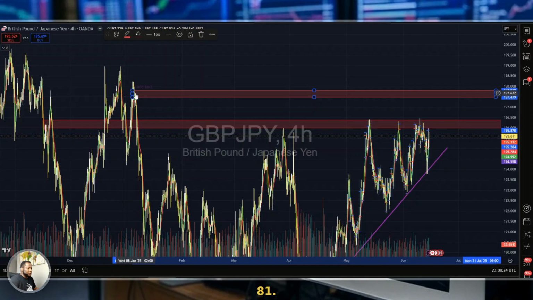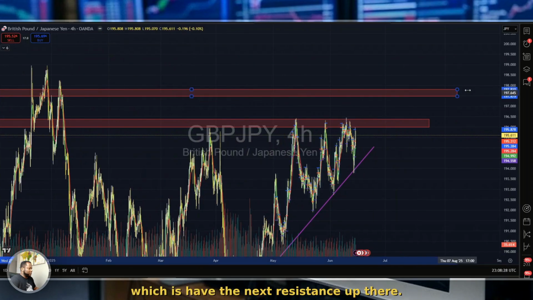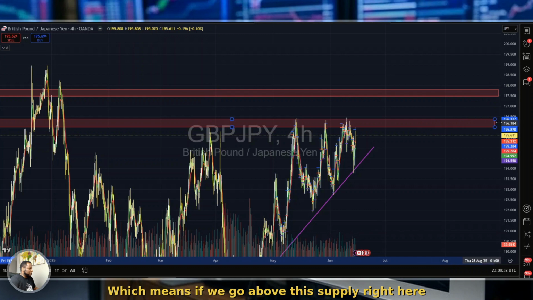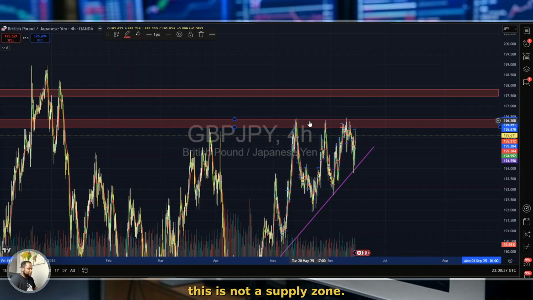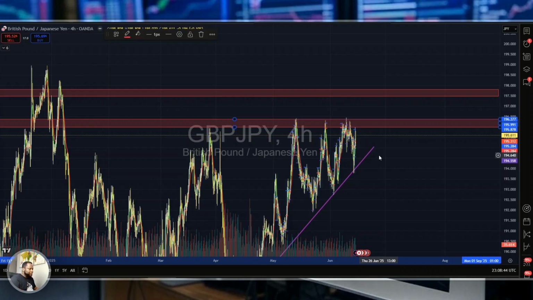Why 197.81? I'm going to put that for you to see very soon, which is the next resistance up there. Okay, which means if we go above this supply right here or resistance right here, this is not a supply zone, this is a resistance zone because price touched it multiple times and found it difficult to break.